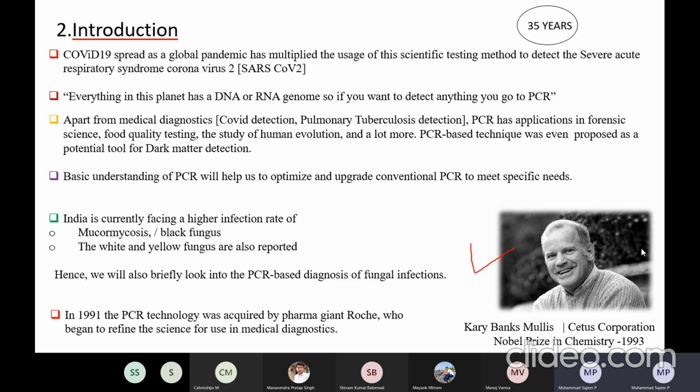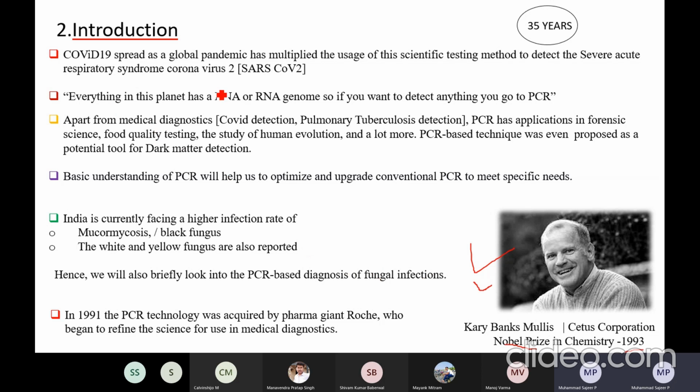After the PCR technique was developed, he founded a company which sold jewelry items, where in the lockets he included amplified DNA from celebrities. That's an interesting story. He was awarded the Nobel Prize in Chemistry in 1993. So that's about Kary Mullis and the history.